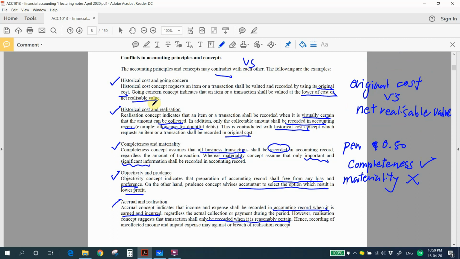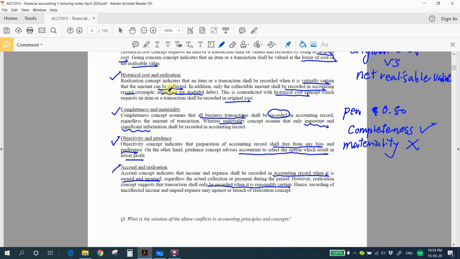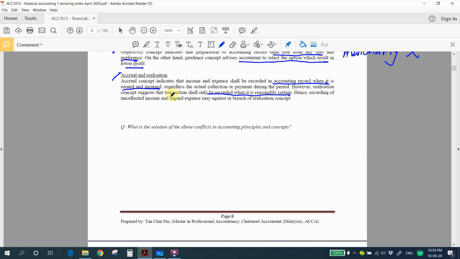So those are the examples of conflict in the accounting concepts and principles. So we have a question to solve. What is the solution to the above conflict in accounting principles and concepts? Or we can change the question: when you have a conflict in accounting principles and concepts, how do you solve the issue? So the solution is like this.